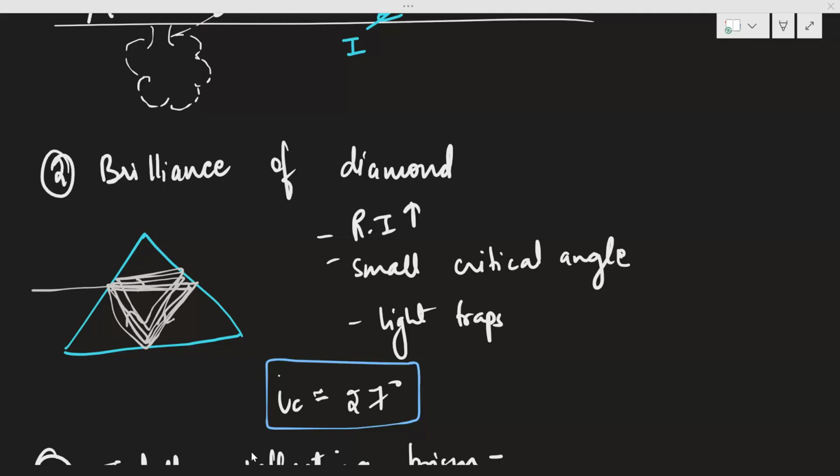Okay, in your first question, what is your doubt? I didn't understand how we got the angle. Which angle? The incident and all.